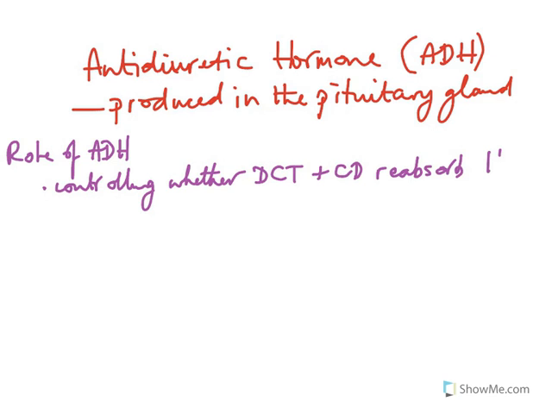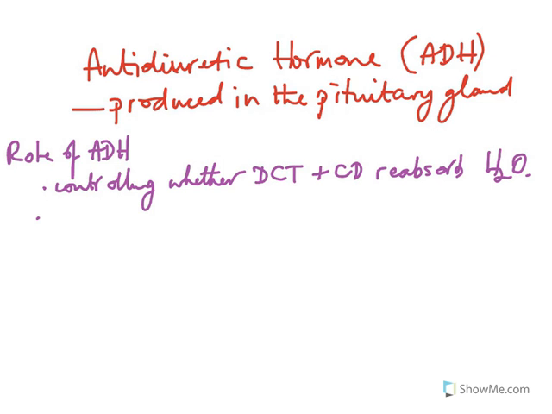The walls of the collecting duct and the distal convoluted tubule can be affected by the hormone ADH, this antidiuretic hormone, and the effect of ADH is to make the walls, or the membranes, of these two tubules permeable to water.